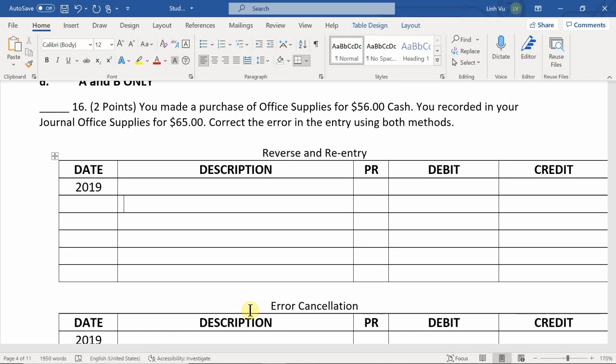So in this case, we need to reverse the entry first. I've already done the entry, so now I need to reverse it. How do I reverse it? Do we make a line for the expense and one for the accounts payable? I use cash.